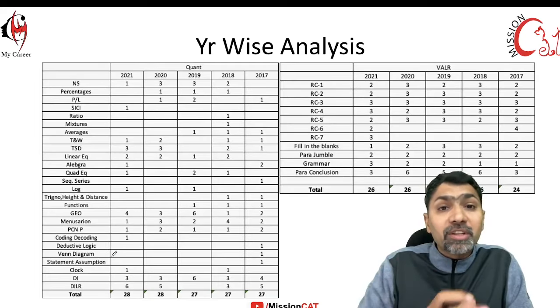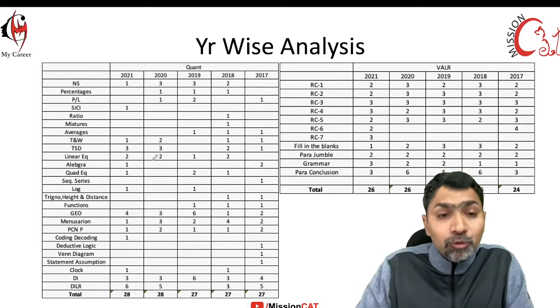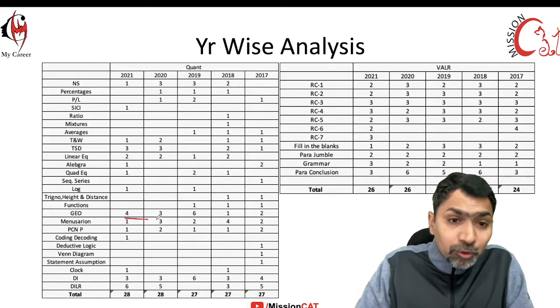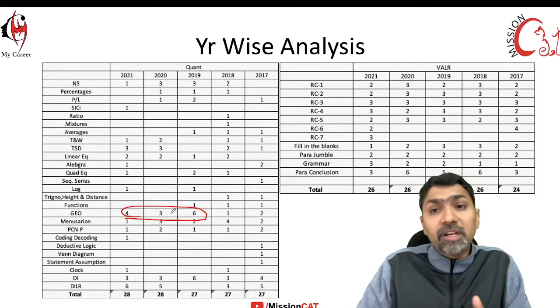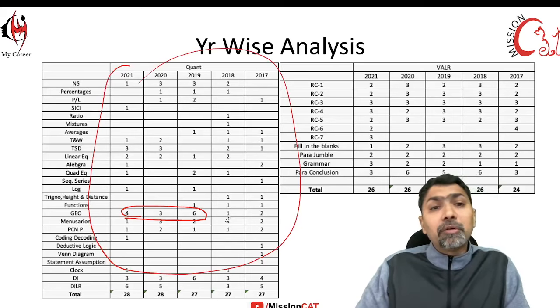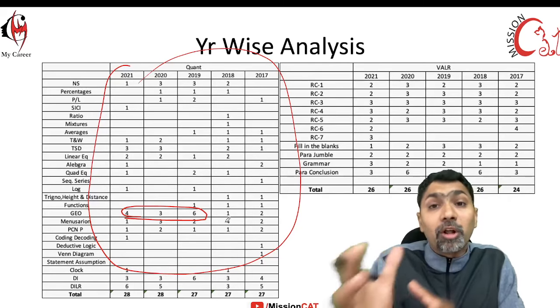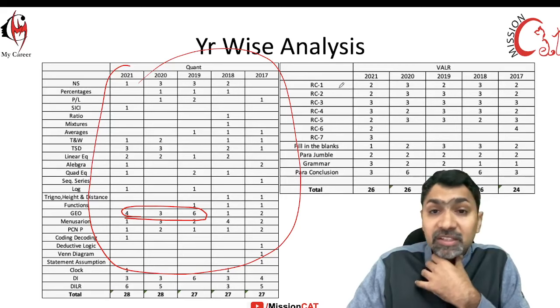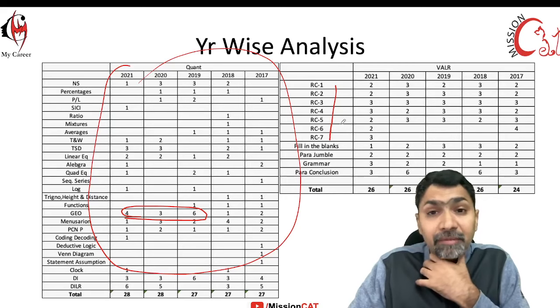But if we see over the years, geometry used to get a major portion. Fortunately, last year the pattern was a bit different, but this is a very well distributed paper. You will not have any particular topic taking away all the share of it. There were sometimes 6 RCs, sometimes 5 RCs.